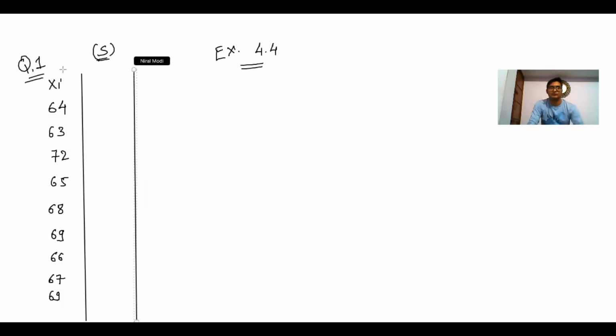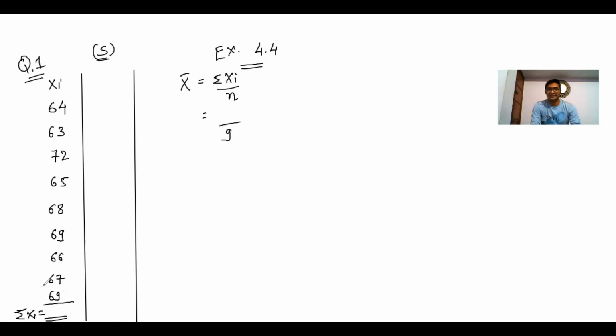But before that, we have to find out the total of xi, that we call sigma xi. And now the formula for x bar is sigma xi divided by n. Total number of observations: 1, 2, 3, 4, 5, 6, 7, 8, 9. Observations are 9.